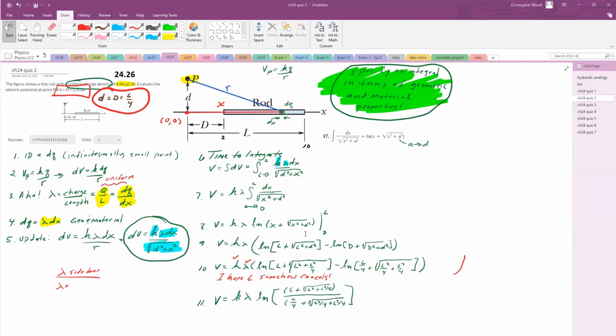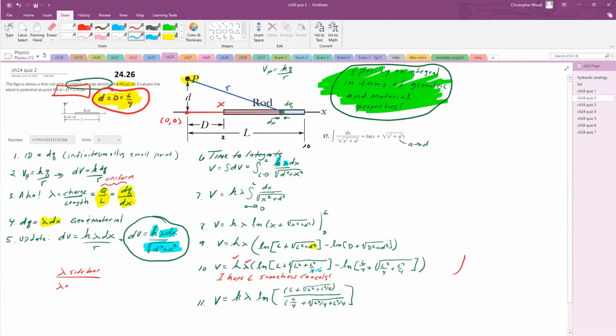Great. So again, I think all of us had little d equals big D equals L over 4. And I think I was good up through step 9. Step 10 is my first mistake. So in step 10, if I have to replace D squared with L over 4, this should be L squared over 16.